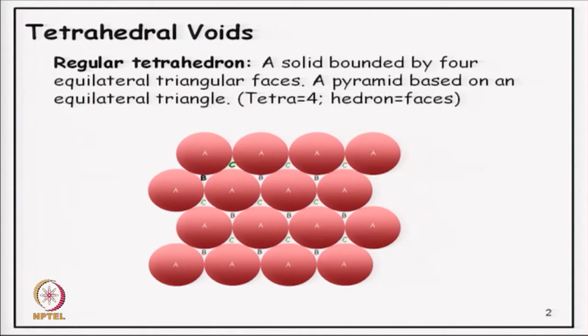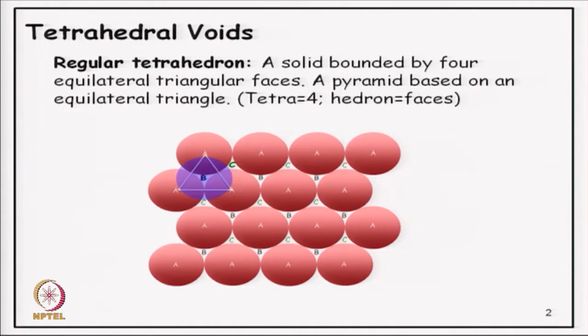So, let us look at one of those atoms. On this triangle of 3 A atoms, we locate a B atom at its centroid. So, this B atom is sitting on these 3 A atoms.